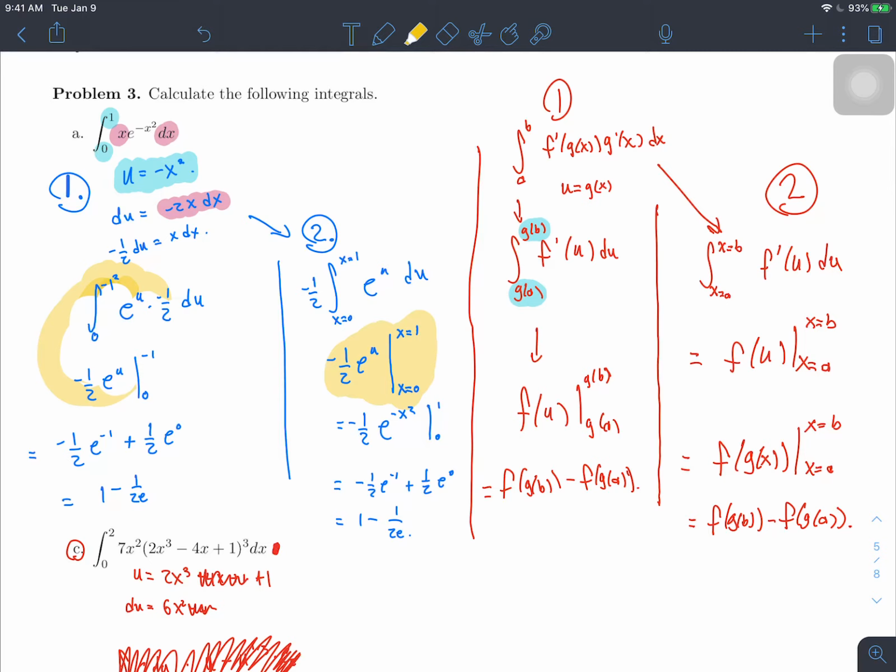The common mistake I see all the time is they'll write 0 to 1 instead of x equals 0 to x equals 1, and then they plug in 0 and 1 and get the wrong answer, because those were x values and they plugged them in for u. That's a common mistake you should try to avoid.